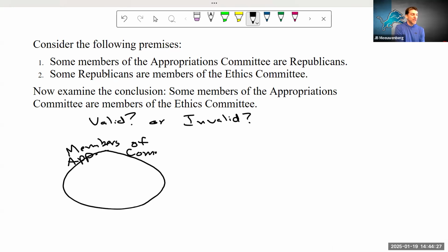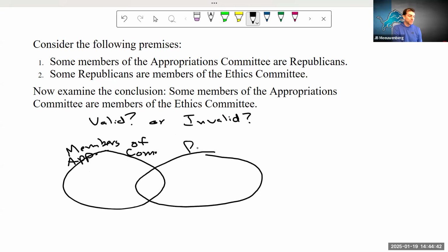And we know that some members of the Appropriations Committee are Republicans, not all of them, so we can't make Republicans a subset, right? There has to be some overlap. So we're going to have Republicans here. These are going to be our Republicans. And we are going to put a dot there because some members of the Appropriations Committee are Republicans.